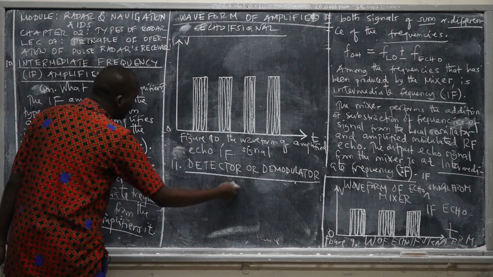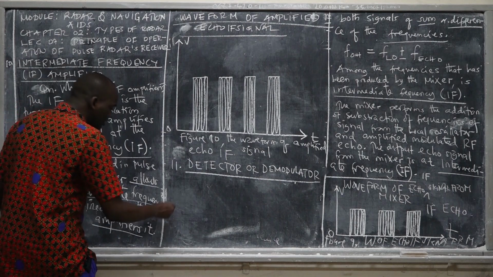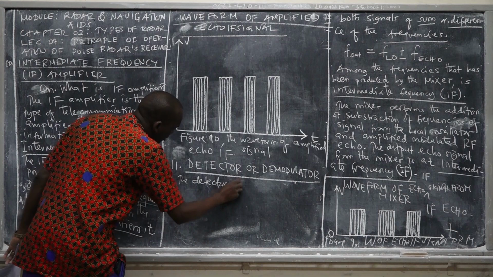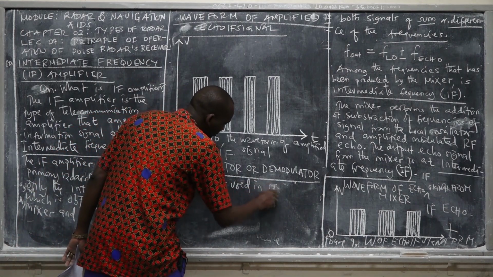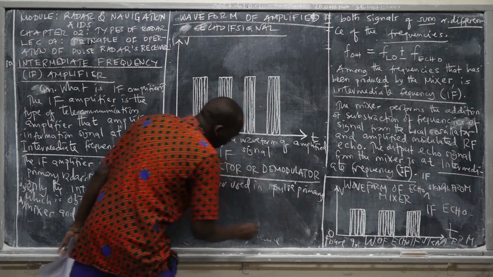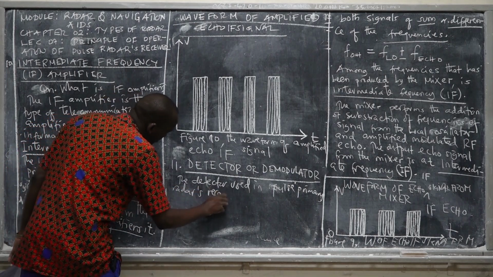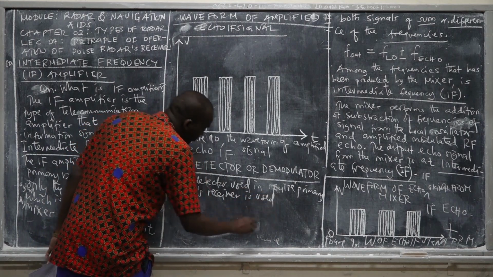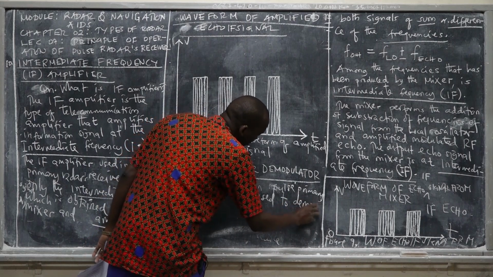You are familiar with different types of demodulator, but simply this one we say that the detector used in the primary radar's receivers is used to demodulate the received intermediate or echo intermediate frequency from the IF amplifier.